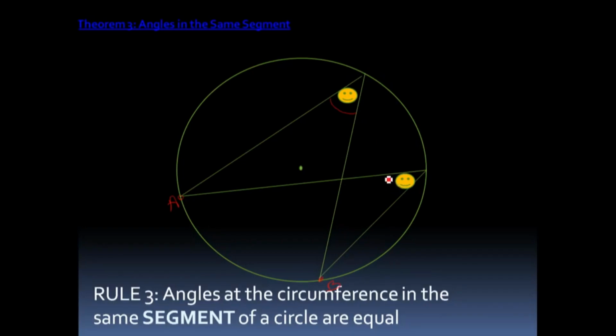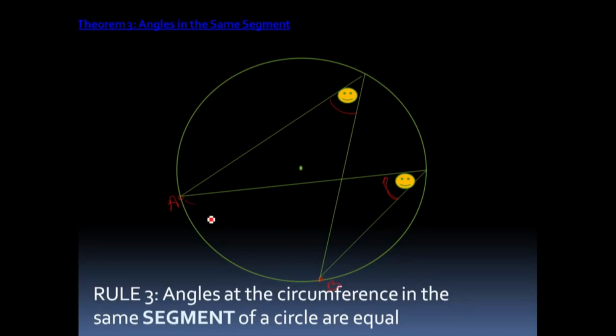And do you notice that this angle here in the same segment is also standing on points A and B? So what do we know about these two angles, therefore? Well, we see they're standing on the same segment. Why is that?